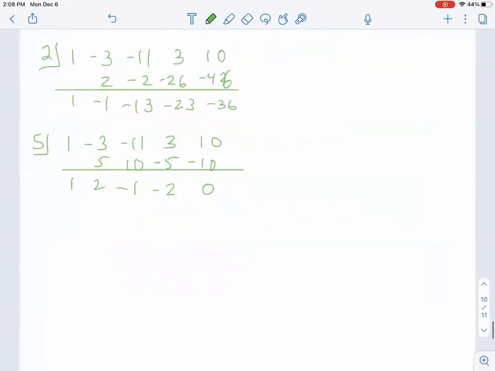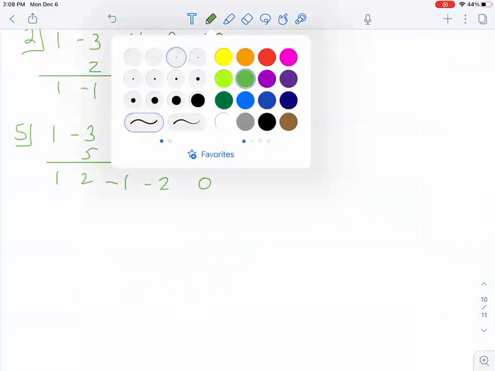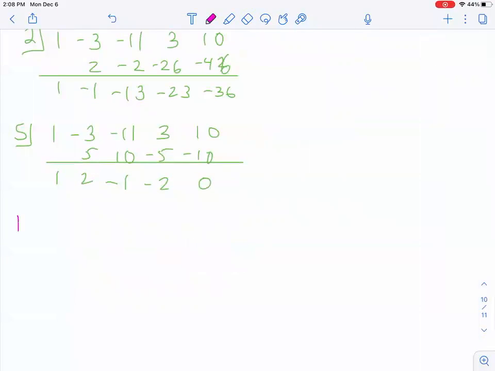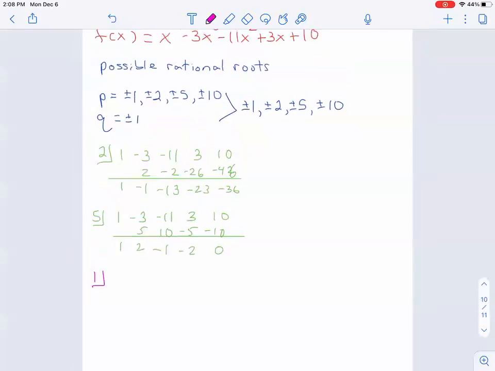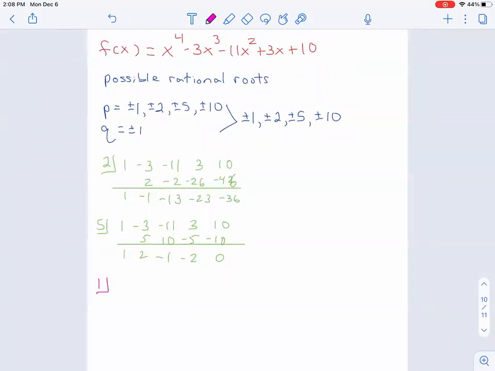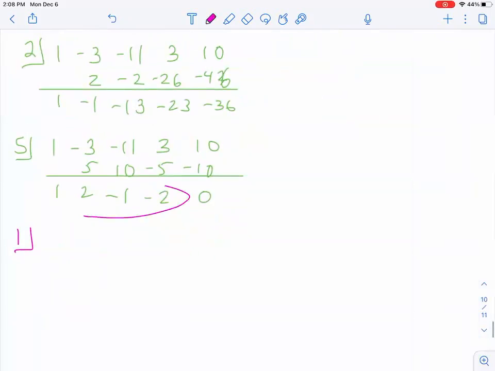So let's try 1. But when you do that, we don't have to try it with the original coefficients. We only try it with the leftover coefficients. So I'm going to try 1, but I'm using the 1, 2, -1, and -2.